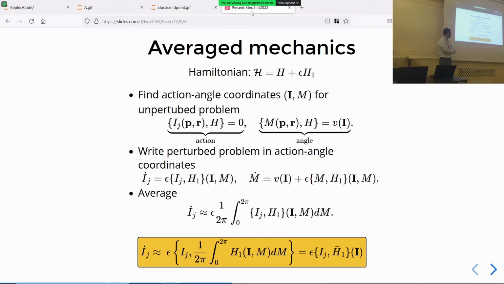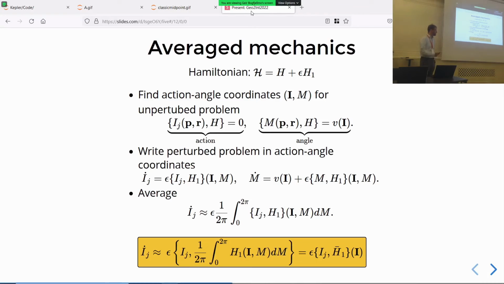Because if you replace I here with the original Hamiltonian, then you're measuring a change in H1 along a closed orbit of the Kepler problem. The averaging creates the commutation, so that it commutes.